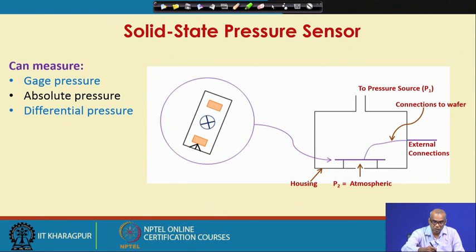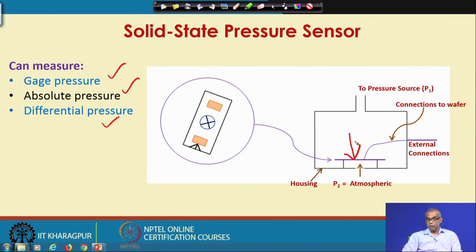So, this can measure gauge pressure, absolute pressure as well as differential pressure. So, this is the silicon wafer which acts as a diaphragm. So, see, this is one pressure source, this is another pressure source, this may be atmospheric pressure, and then this is gauge pressure being measured.